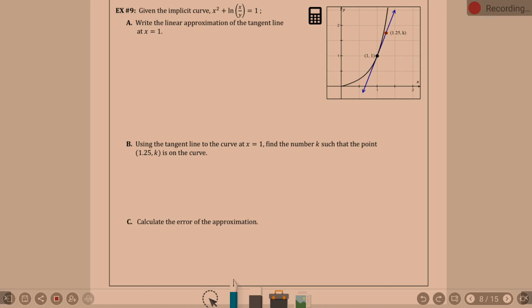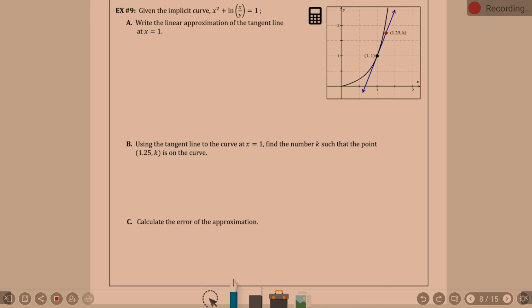So, okay. 9. Given the implicit curve, x squared plus natural log of x over y equals 1, write the linear approximation of the tangent line at x equals 1. Now, why is this a good one to talk about?